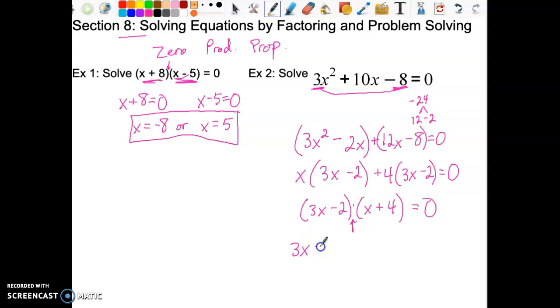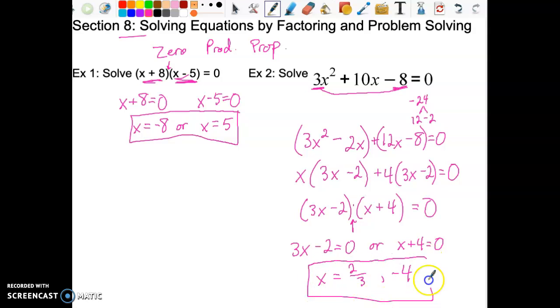Either the left side could equal 0, because if the left side equals 0, I don't care about the right side, because 0 times anything is 0. And likewise, x plus 4 could be 0, because anything times 0 equals 0. And it's easy math. You add 2 over, divide by 3. And then this one, you just subtract 4 over. So our two answers are 2/3 and negative 4.